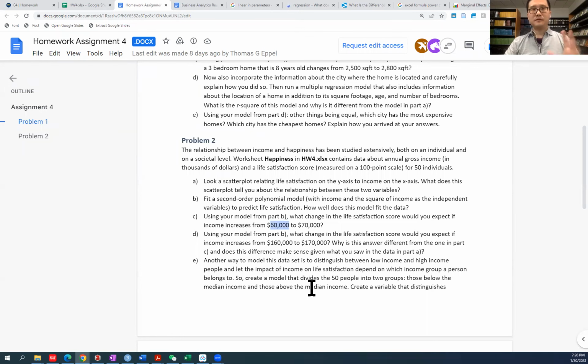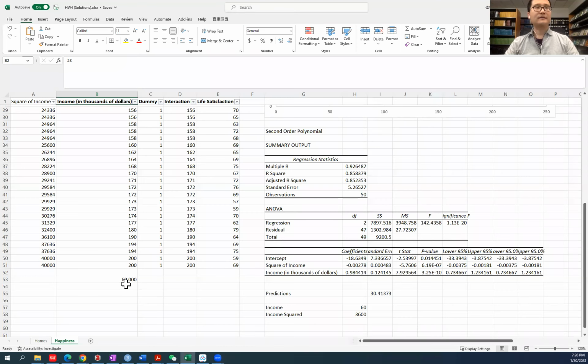So we need to transform it so Excel understands what it means by this much. This $60,000 was originally in dollars, so we need to transform it to thousands of dollars by dividing it by 1,000. So it becomes 60, but it means 60,000.